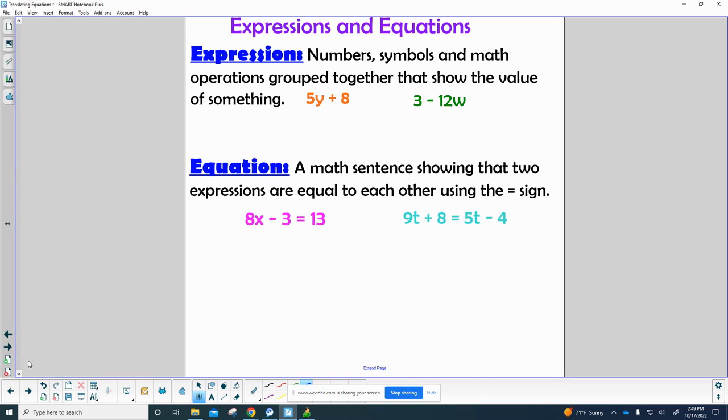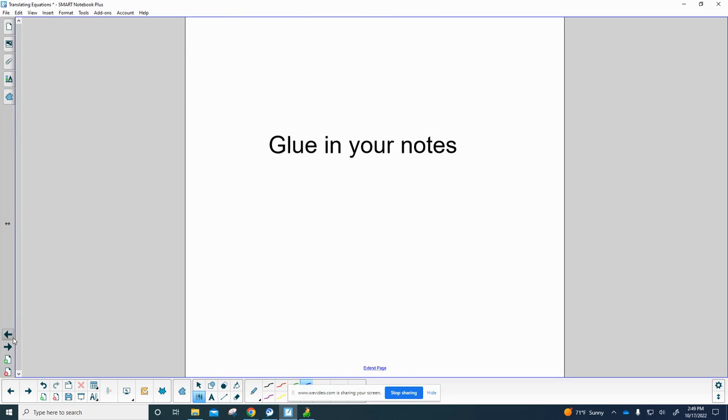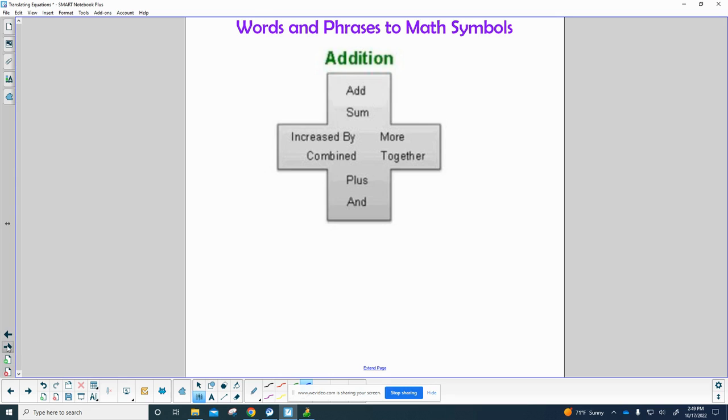All right, so let's go on. What are we going to do with that information? So we're going to hand out some notes that give you some clues for what words go with what mathematical symbols, and you're going to glue these into your notes. So on our first thing on our notes is words and phrases that translate to math symbols.